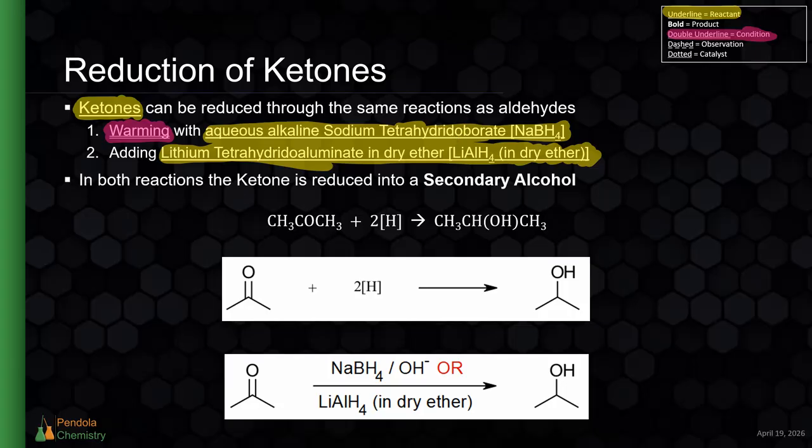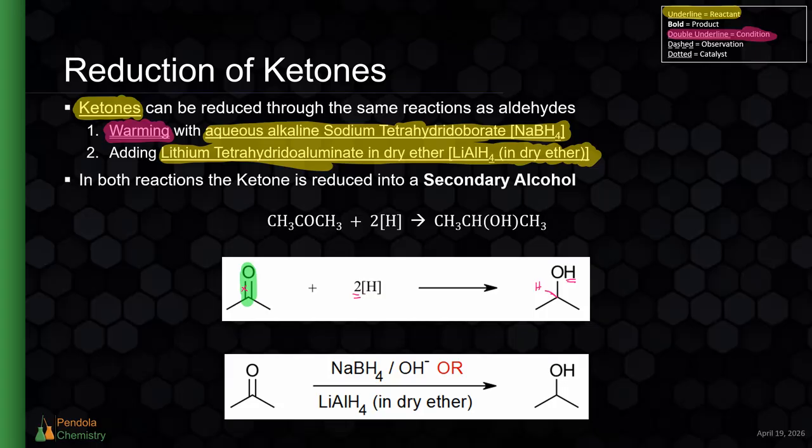So the only difference is that because in a ketone, the carbonyl group is on a middle carbon in the chain, when that double bonded carbon-oxygen bond is broken and hydrogen is added to the oxygen and to the carbon, because remember there's a hydrogen being added here, that's where the 2 comes from, we'll get the hydroxyl group, the alcohol group, in the middle of the chain, giving us a secondary alcohol as a product.